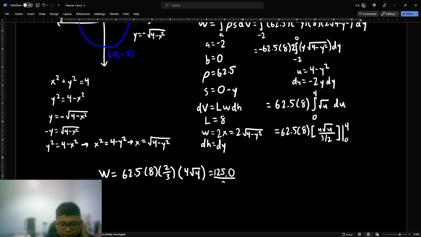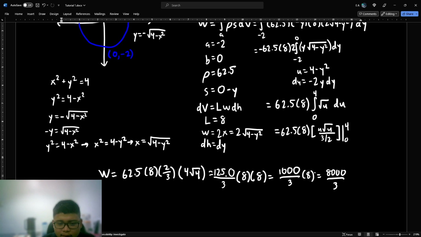So 125 divided by 3 times 8 times 8, because 4 square root of 4 is simply 8. 125 times 8 first. We get 1,000 over 3 times 8. We get 8,000 over 3.